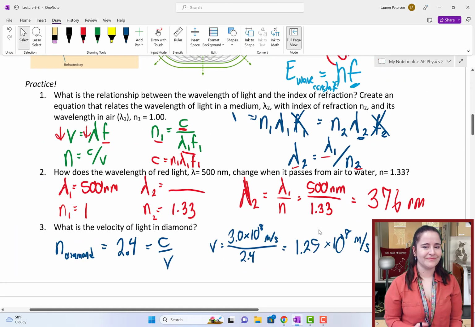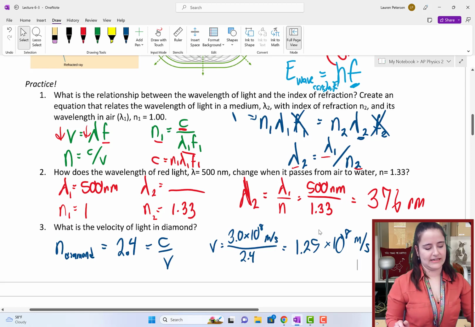Okay, cool. So that's the index of refraction.